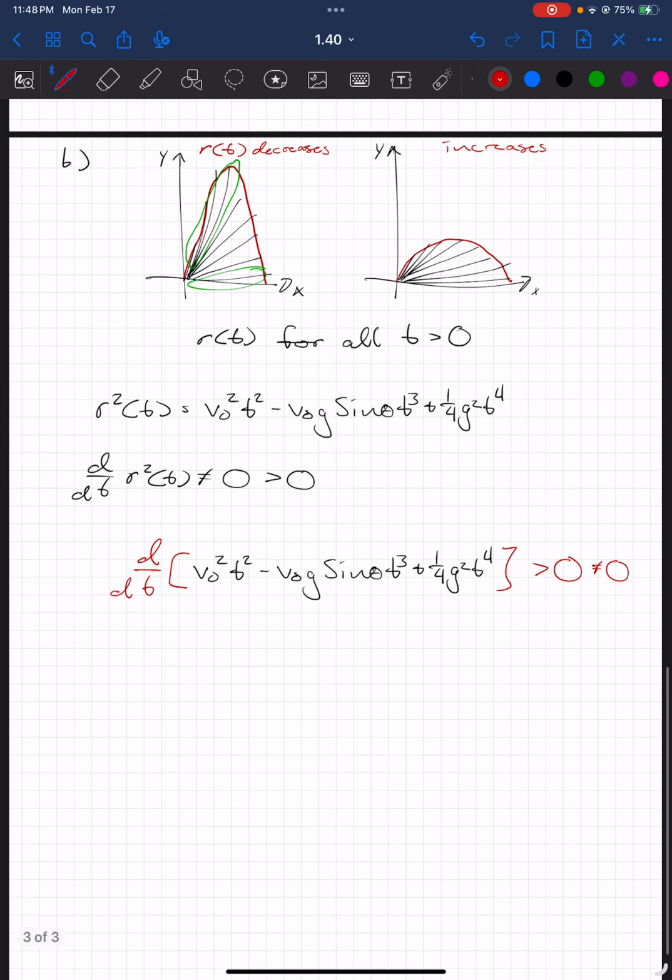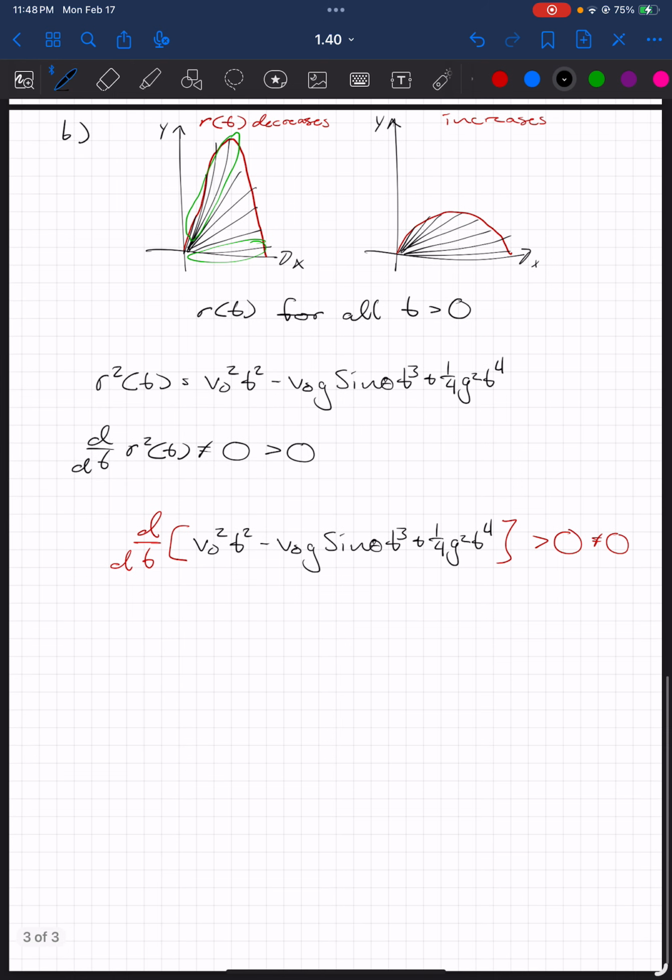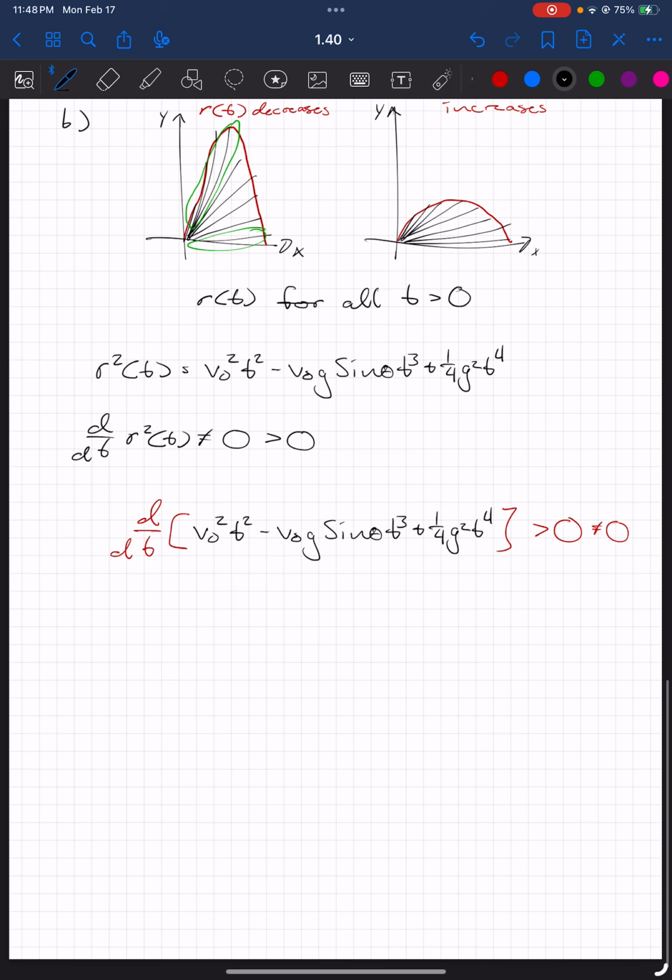So if we want to write this out as a quadratic equation, we can pull out a t squared, since a quadratic equation is a t squared plus b t plus c. We actually almost have this with our formula.